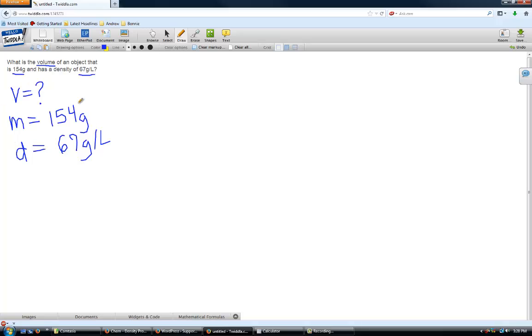Now if I look at a formula sheet for the formula that this will fit, this is going to fit the density formula, or density equals mass divided by volume.